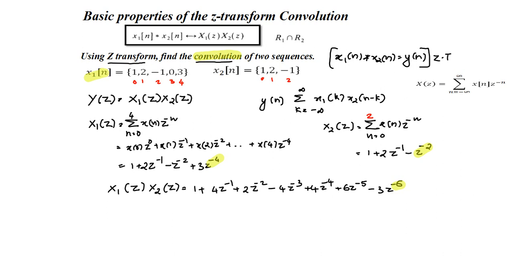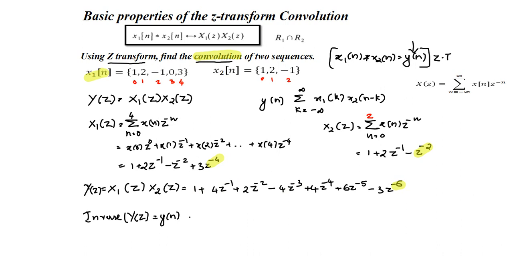And now you can see that we got Y of z. This is Y of z, but we need y of n. So we require this y of n. So I need to find out the inverse of Y of z. That is y of n. If you compare this particular equation, you can see that it's z raised to minus 1, z raised to minus 2, something like this. So I can write it like this.